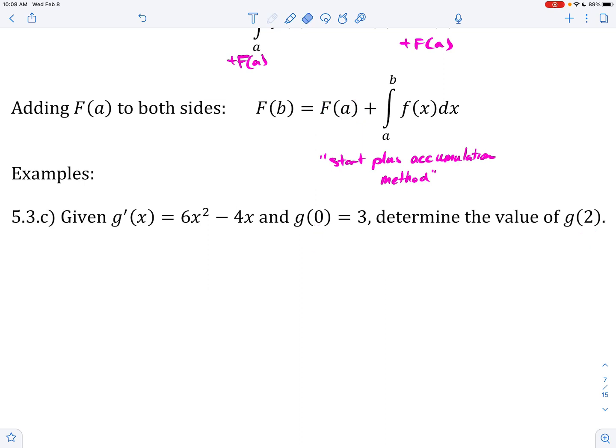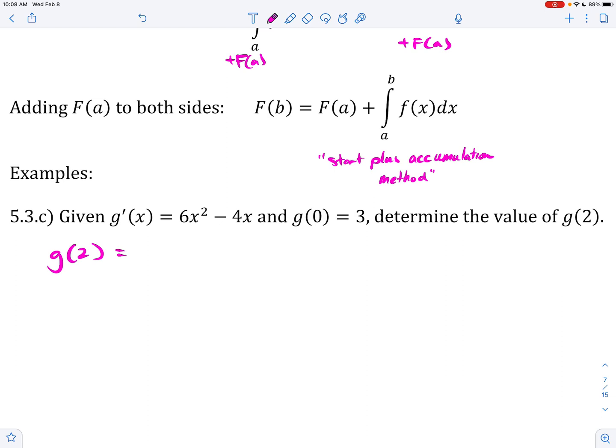So a way to set this up with this particular model is to say that g of 2 is equal to g of 0 plus a definite integral. And that is essentially from 0 to 2 of the derivative of g. So 6x squared minus 4x dx.